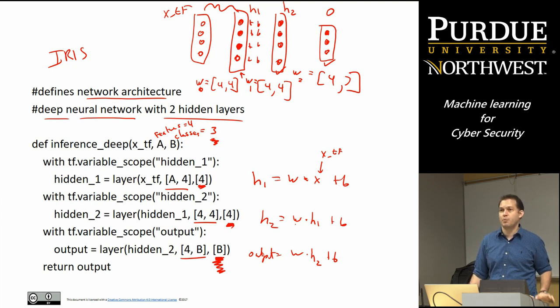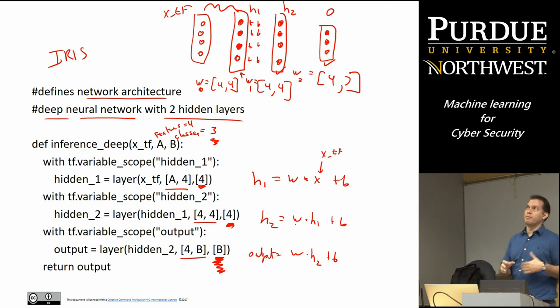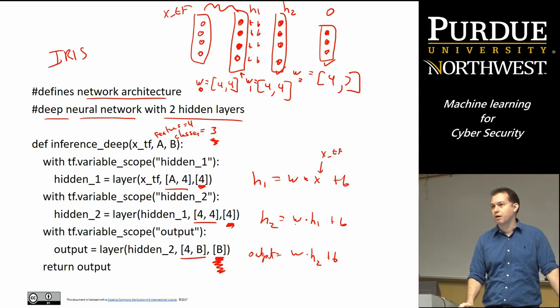Because again, you're building the computational graph. Are there any questions about this? All right, so basically you can reuse the code to create the variables without really worrying about the naming of it, because TensorFlow takes care of the naming for you.